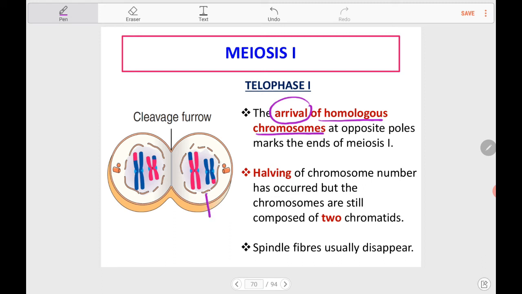At the same time, we can see that the nuclear envelope will start to reappear, surrounding the homologous chromosomes. Next, we can also see that each of the two new daughter nuclei only have half the number of chromosomes when we compare to the parent cell.